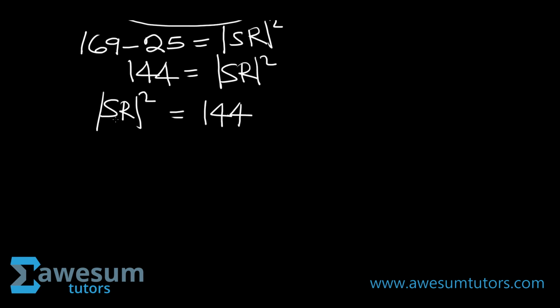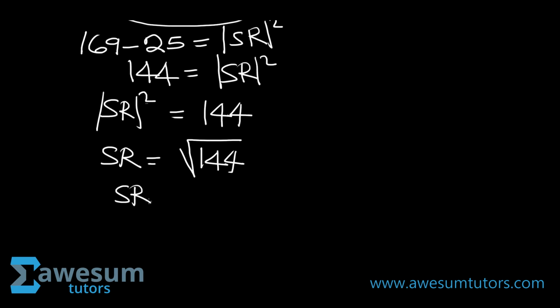So now I'm looking for SR, and because it has a square, what do you do? You take the square root of both sides. That will take away the square, and then you have the square root of 144.